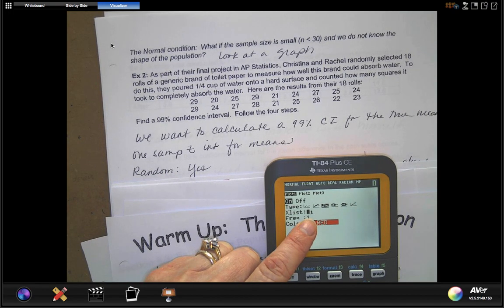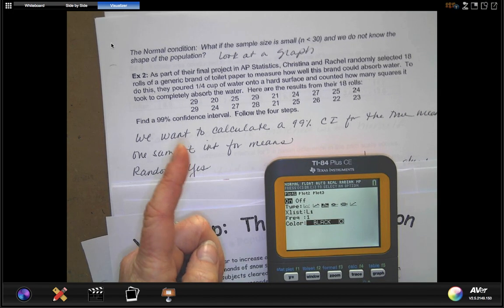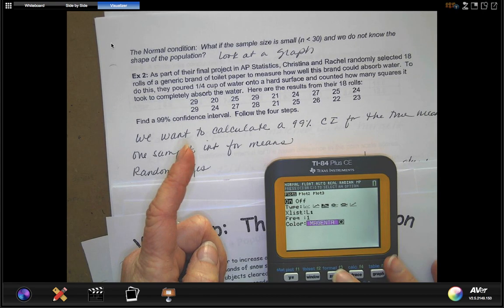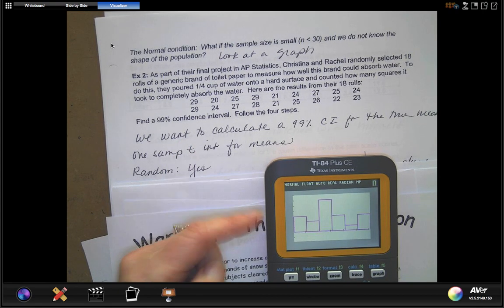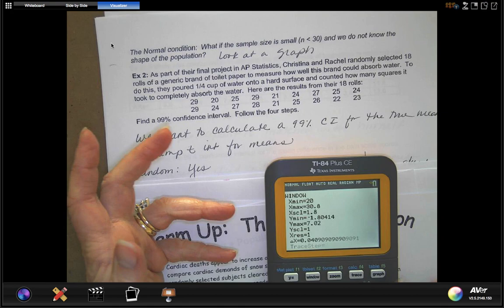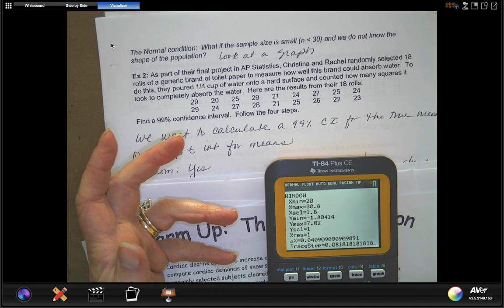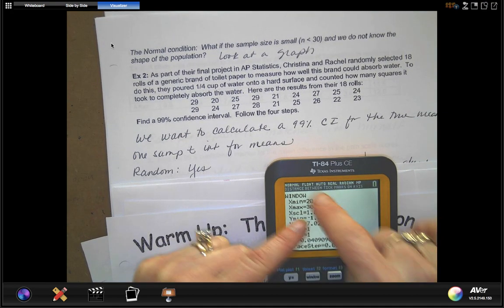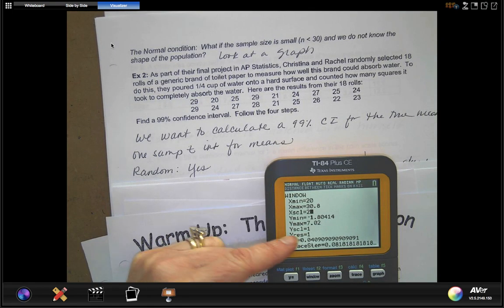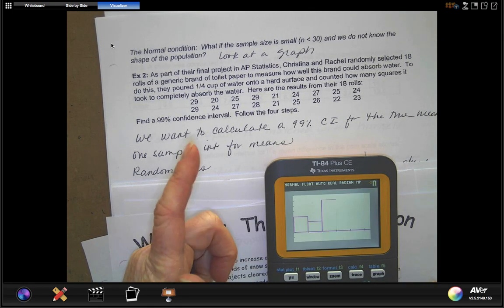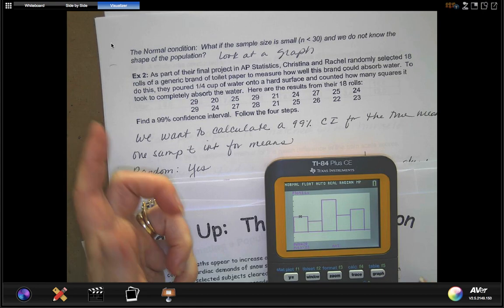I typed all my data in list 1. Pick whatever color you like. Remember, we always do zoom 9. We did change the X scale before if you still want to change that to a whole number. So remember, we go to window. It's the distance between the tick marks on the axis. We always rounded it up, and then we'd hit graph. If you wanted to do that, that's fine.